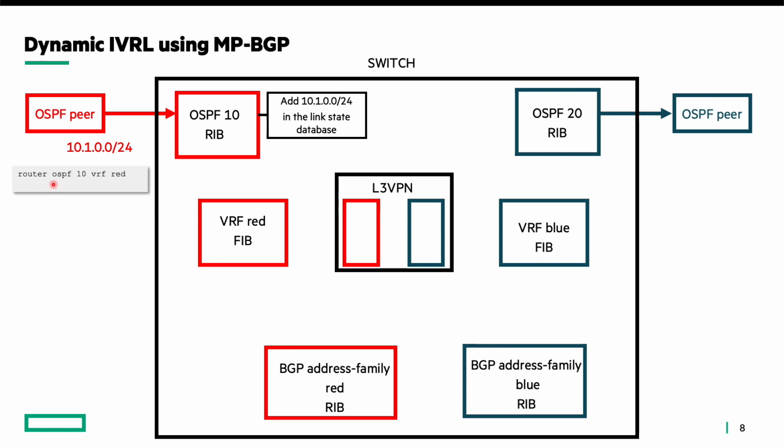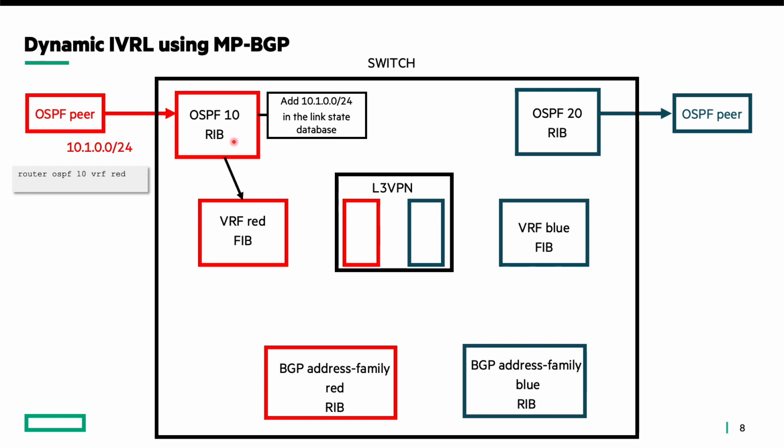So first, we'll configure router OSPF in the VRF. We configure this interface for OSPF 10, and we will receive this LSA, this link state update, and the switch will install these routes in the database for OSPF 10.